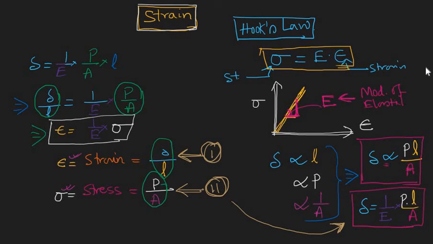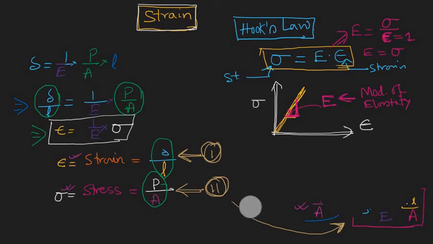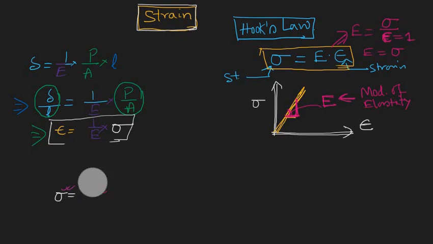So what is modulus of elasticity? This is the ratio of stress by strain. Now if epsilon is 1, in that case E is equal to sigma. Agree? So now if I ask you how to visualize this E, can you do it? Yes, definitely you should be able to do it. Let's do it together.